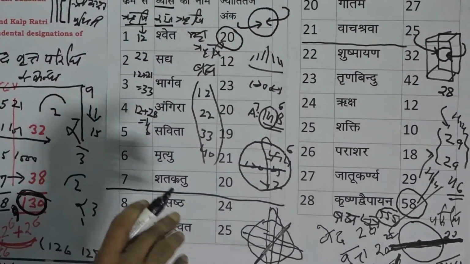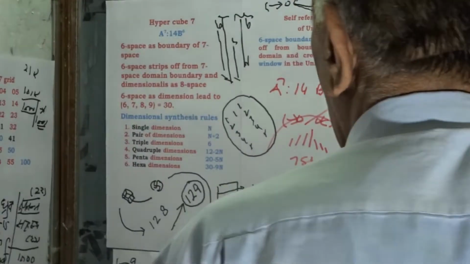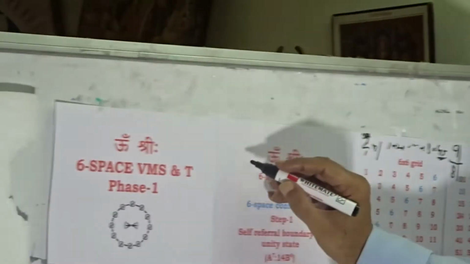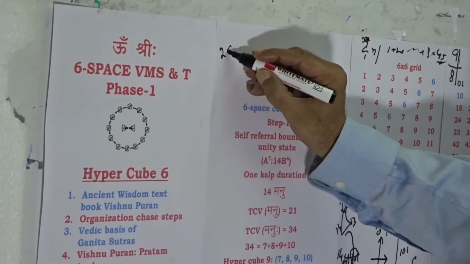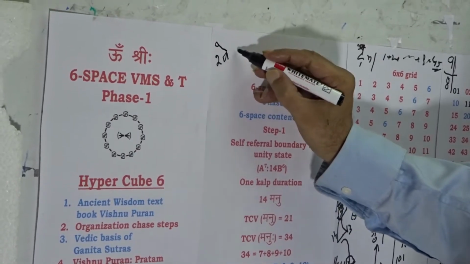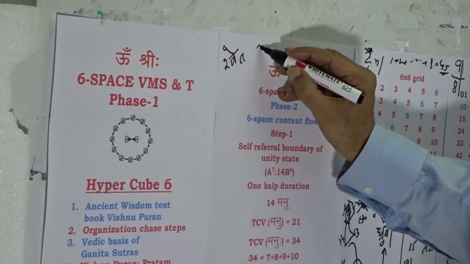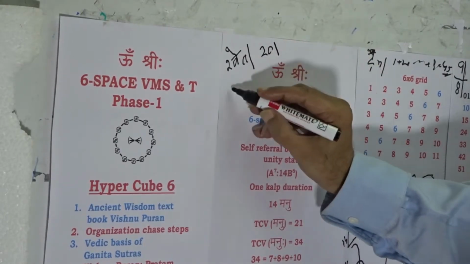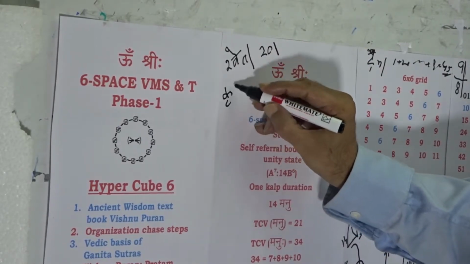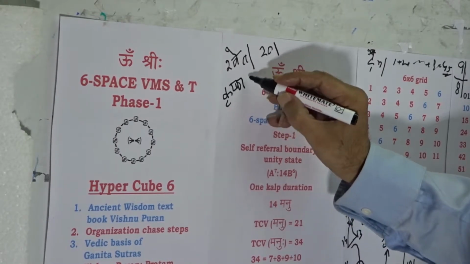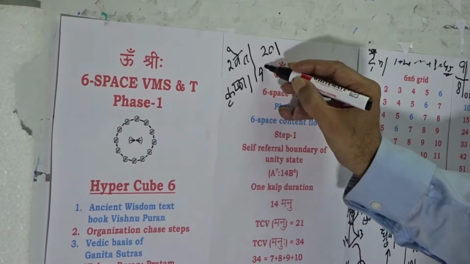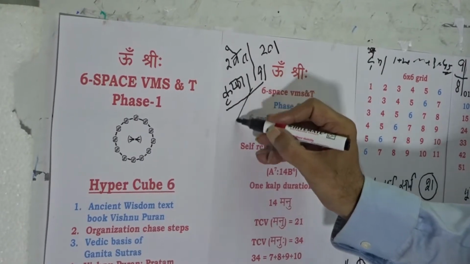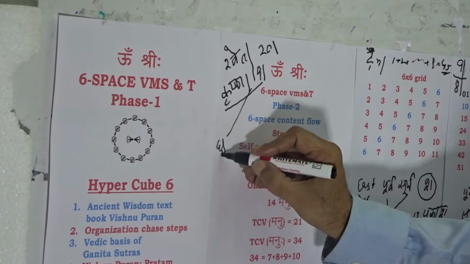But one point to be taken proper attention of is that the first name is Shvet. Now Shvet means white. This Shvet is of value 20, and the Krishna, which means black, is value 19, and value Krishna 19 is the value of the formulation Dhruv.